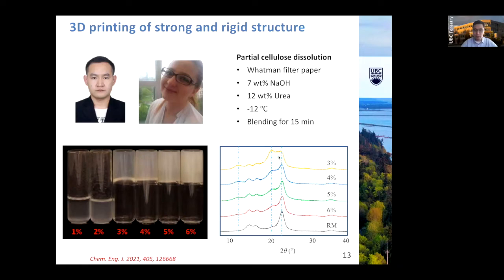By looking at the XRD spectrum, we can see the raw material showing the cellulose 1 structure, showing the 3 peaks typical for cellulose 1. As we increase the amount of the cellulose, then we can see more transition to cellulose 2, right? So here's a peak for the cellulose 2, but we still keep the cellulose 1 peak, especially at the high percent, 6%, meaning there's partially regenerated cellulose as well as crystalline cellulose.